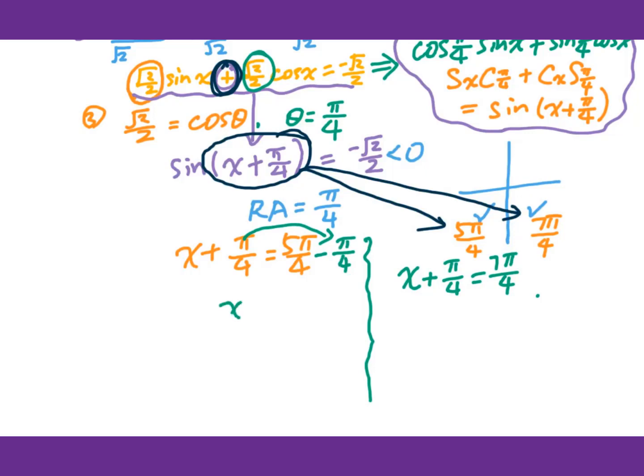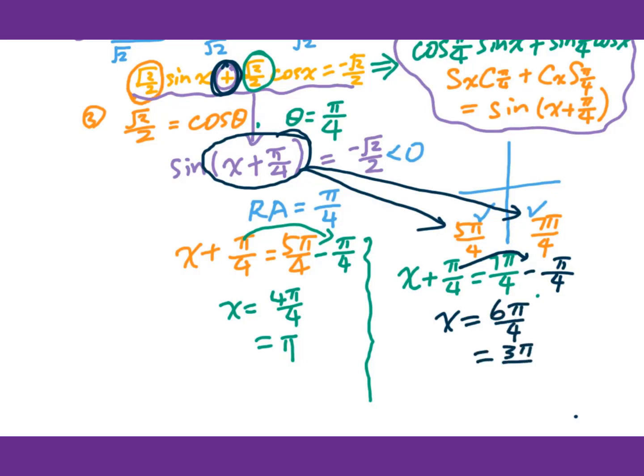You will get x equals 4 pi over 4, that's pi. For this equation, I will subtract pi over 4. You will get x equals 6 pi over 4, that's 3 pi over 2. That's your solution.